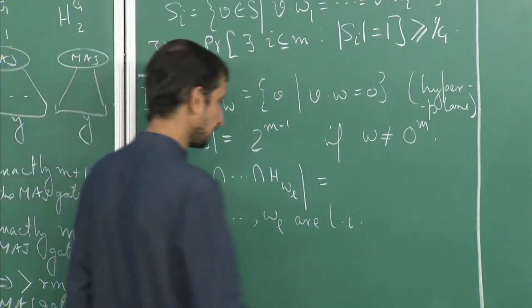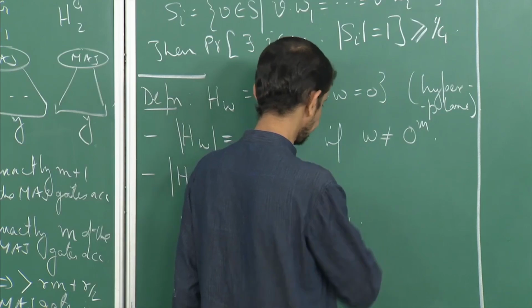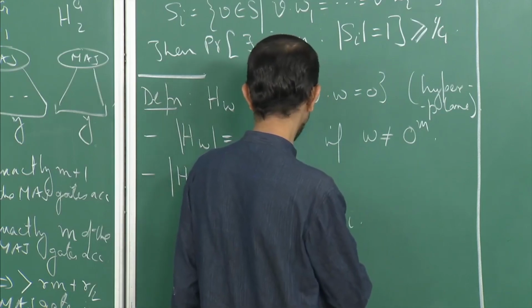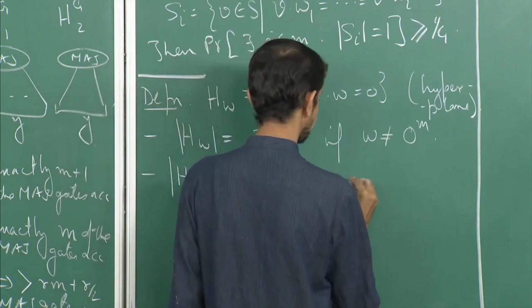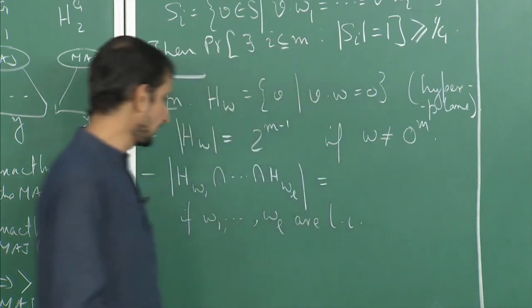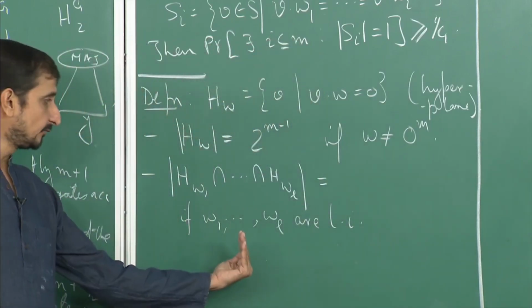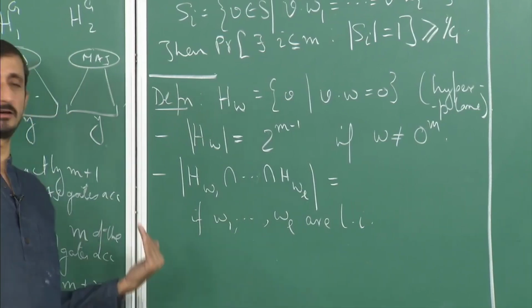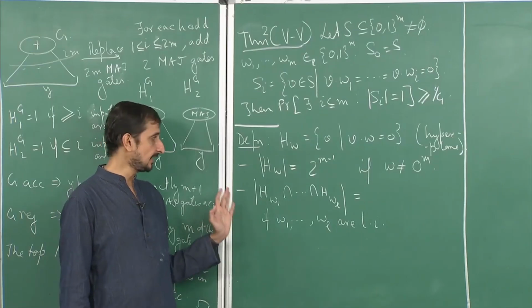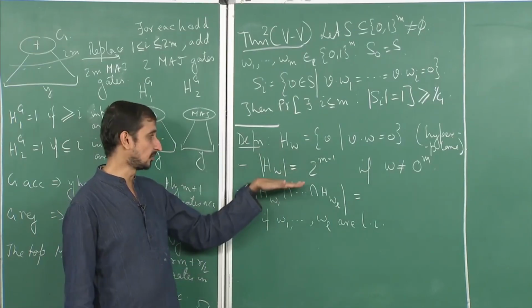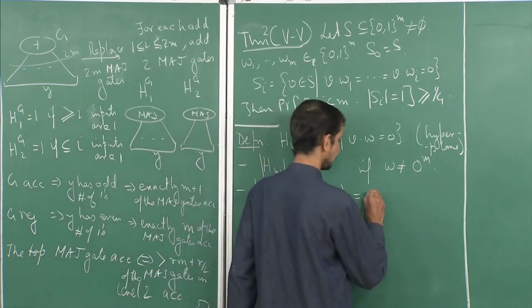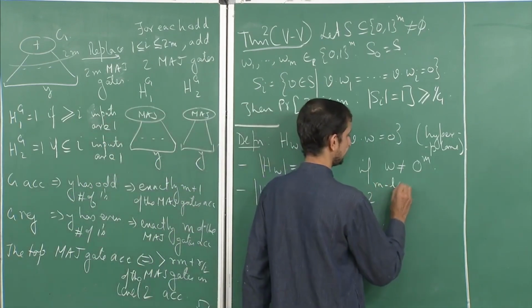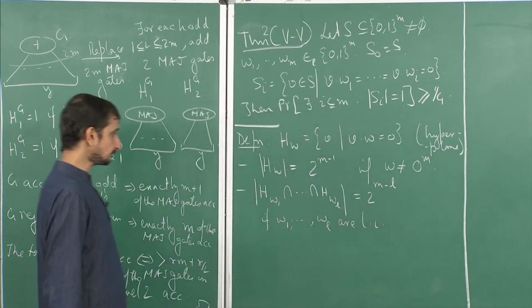One can show using simple linear algebra that every time I take a vector which is linearly independent of the previous vectors, this space gets cut in half. Therefore, this will be of size 2 to the power m minus l.